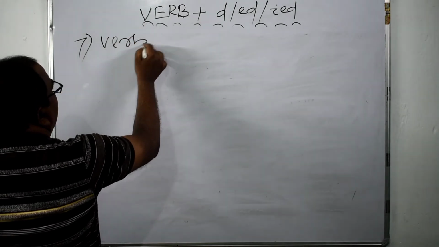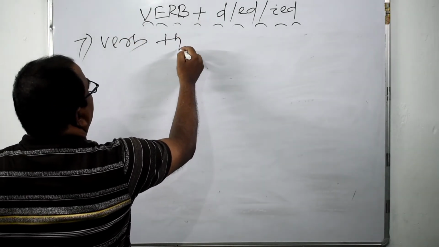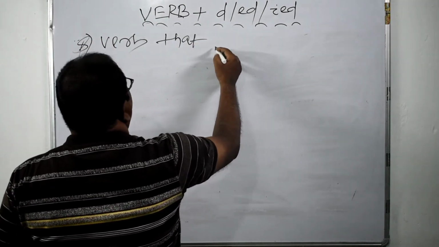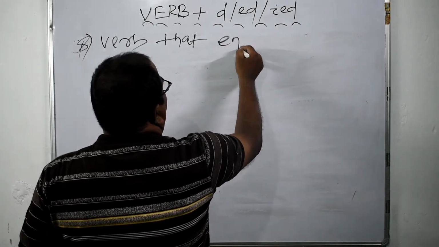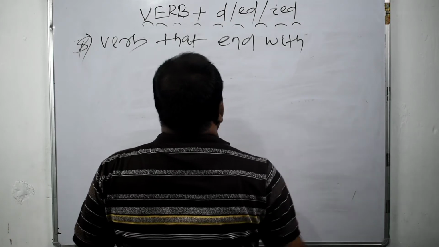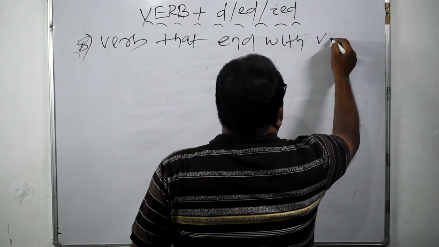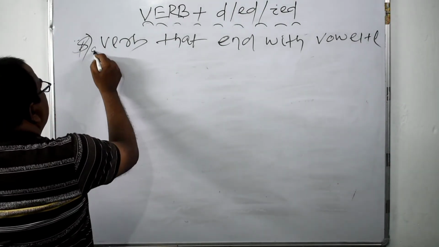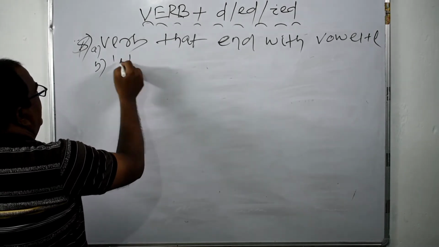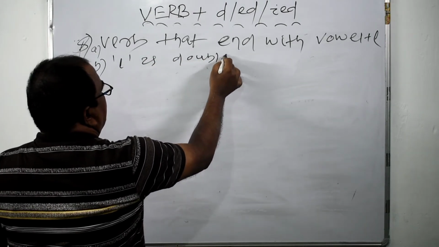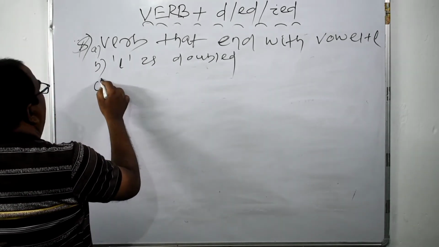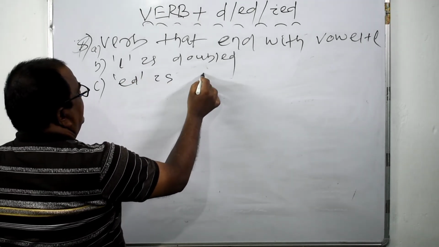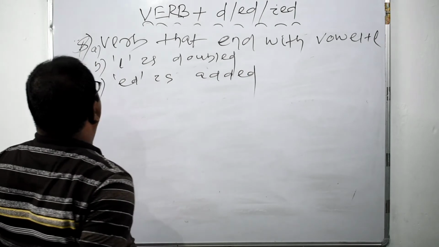Verbs, rule number 7, rule number 8. Verbs that end with vowel plus L. In this case, L is doubled and ed is added.